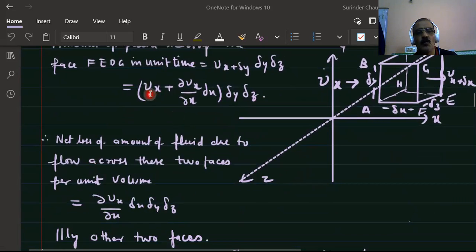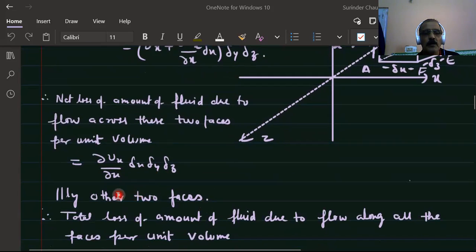The vx terms cancel, and we are left with partial vx with respect to x times del x del y del z. This is the net loss of fluid due to the flow across the two faces per unit volume.